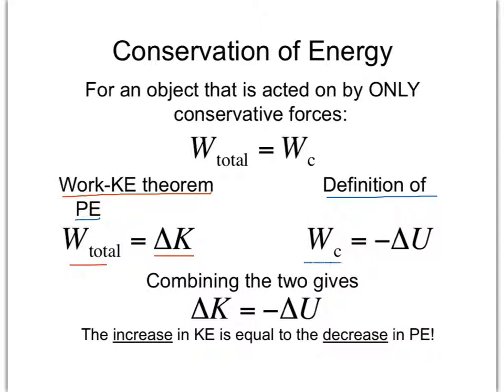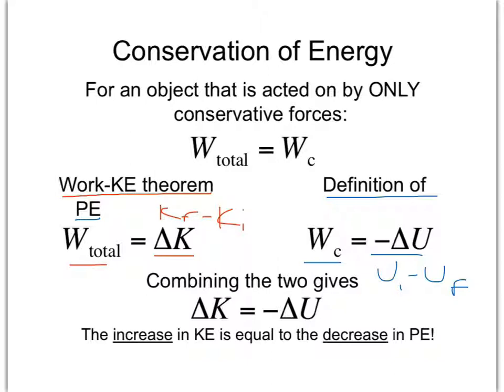We said that for conservative work to be done, it results in a negative change in potential energy, that is, U initial minus U final. Our change in kinetic energy is always K final minus K initial.